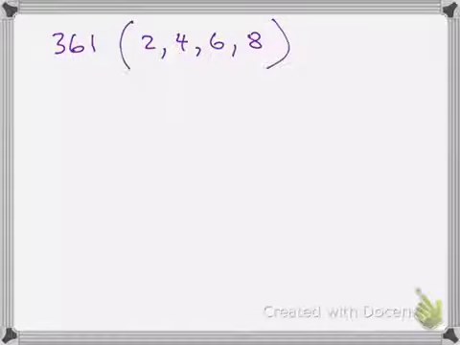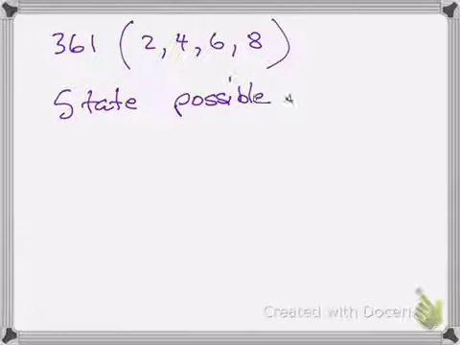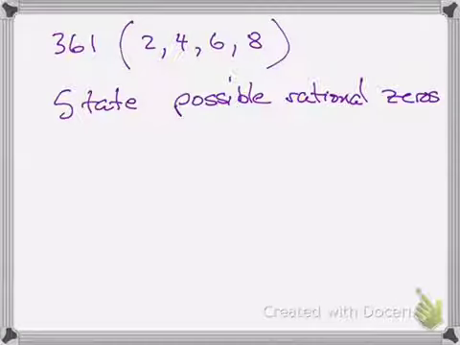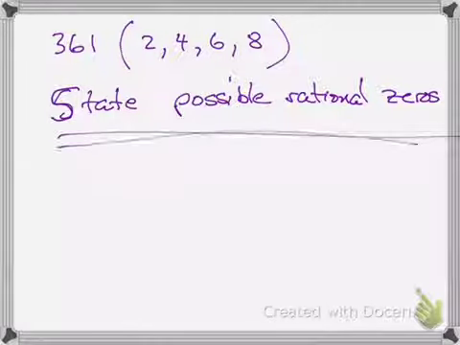Are y'all listening to me? The directions just tell you to state the possible rational zeros. I don't want you to actually solve. We'll work a couple of these examples together tomorrow, but I want you to state, not five-tate. State the possible rational zeros is the only thing you'll do with those. All right?